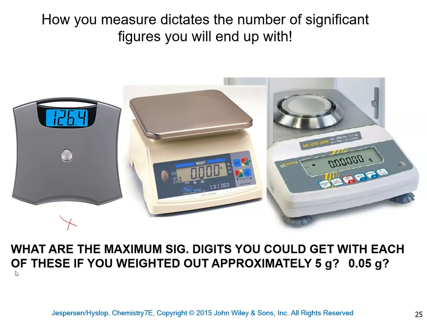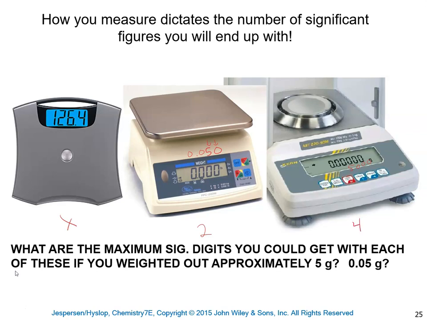For this second scale, if it's 0.05, we would get 2 digits because we would have the 5 here and the 0 here and the 0 in front of the 5, the point. So we would count 2 significant digits, and then with this final scale, we would get the 5,000 to measure out.